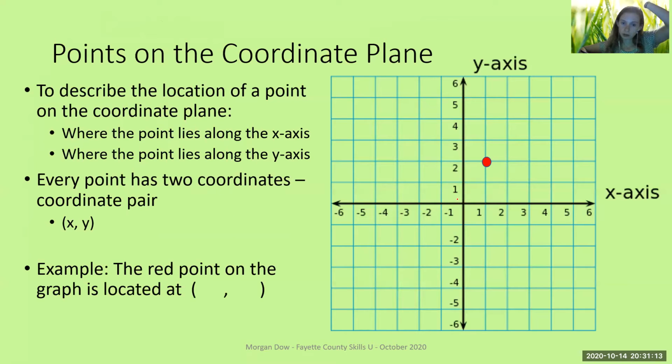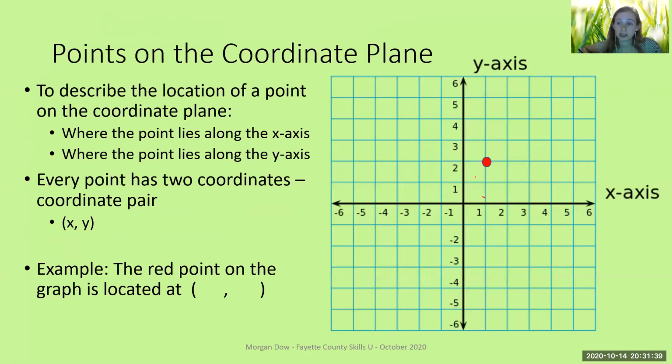So to describe the location of a point on the coordinate plane, you do two things. First, you say where the point lies along the x-axis. You give the x coordinate. And you say where the point lies along the y-axis. You give the y coordinate. So that means every point, to give the specific location, has two coordinates.